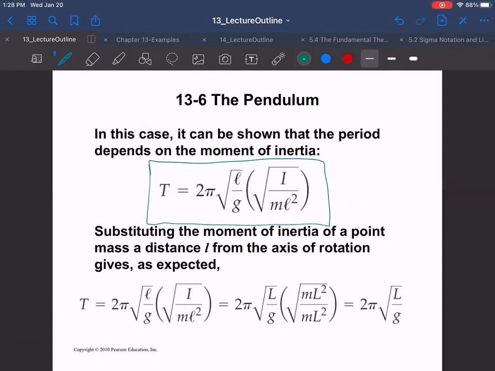Actually, who can tell me what is inertia? Well, what's just inertia? There you go. I like that. Resist change in motion. It's the property of matter to resist a change in its motion.